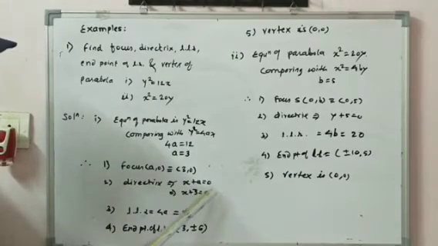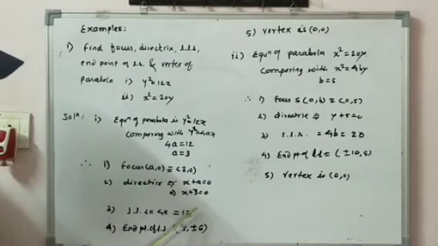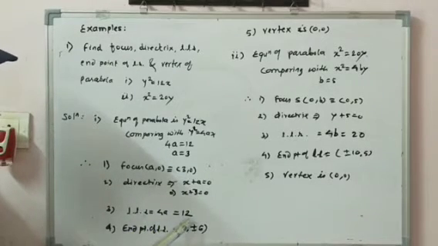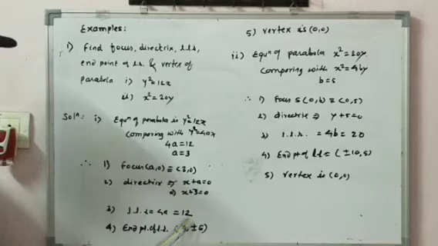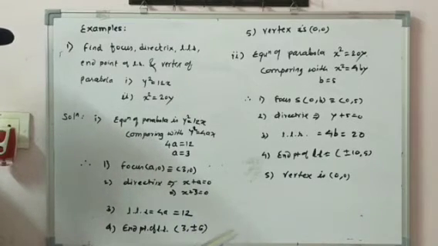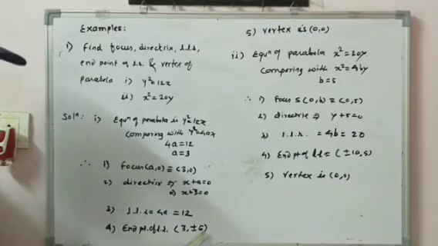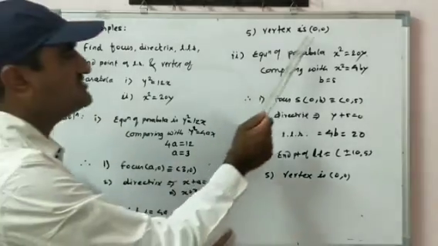Directrix, x plus a is equal to 0, again a is equal to 3, x plus 3 is equal to 0. Length of latus rectum 4a, that is a is equal to 3, means 12 units. And the end points of latus rectum, (a, plus minus 2a), therefore (3, plus minus 6). Vertex is at the origin.